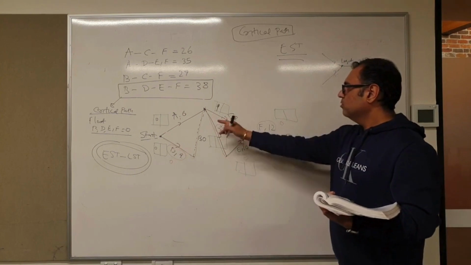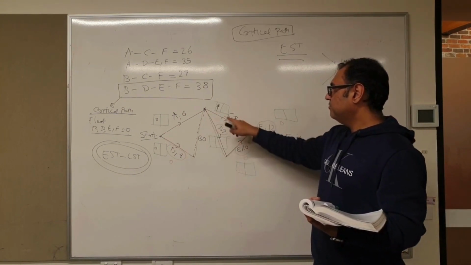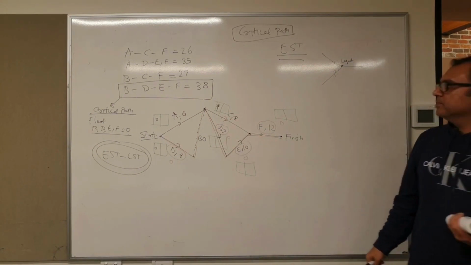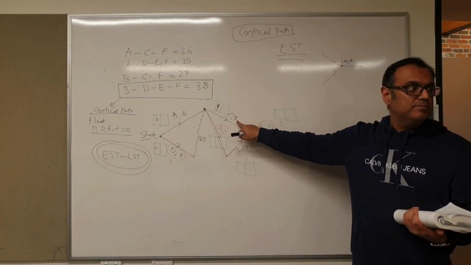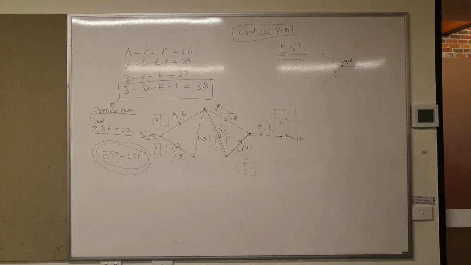Now from C you went to F. C to F, you took another 8 minutes. So what is 9 plus 8? 17.